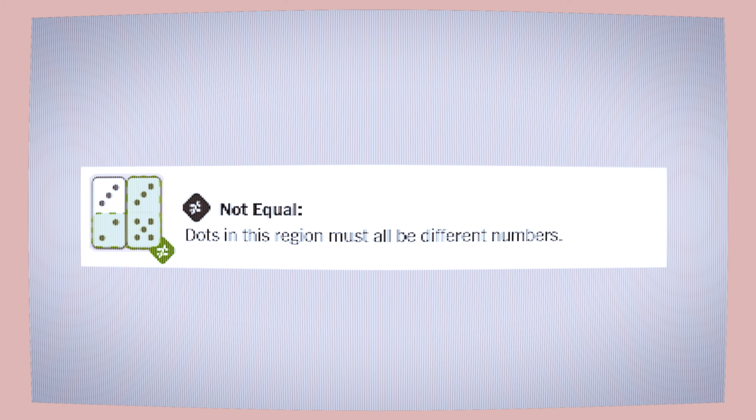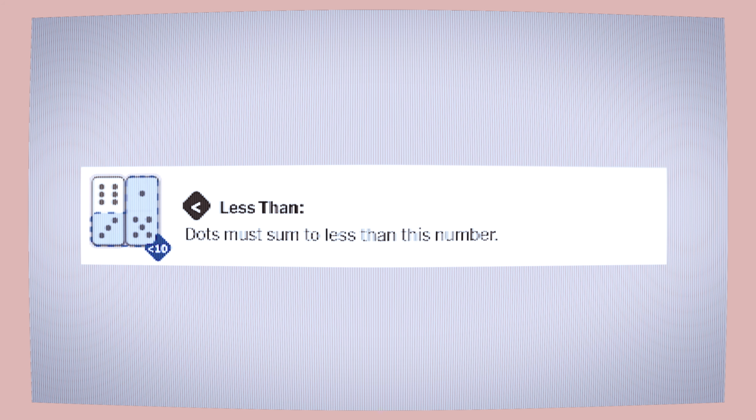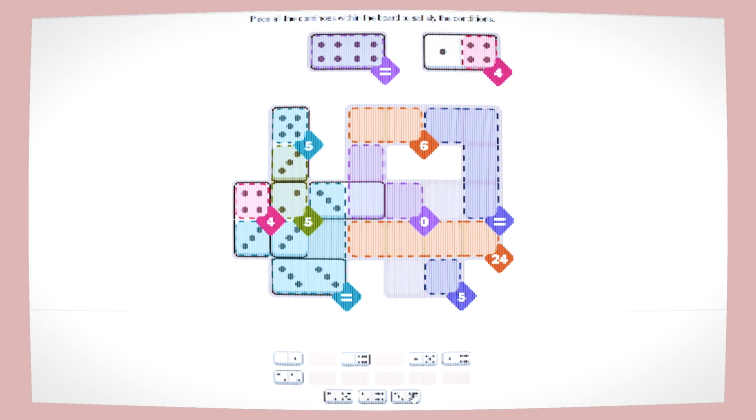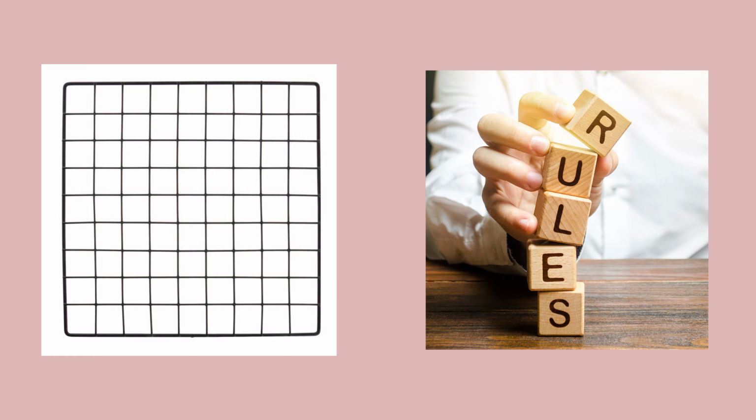Not equal: dots in this region must all be different numbers. Greater than: dots must sum to more than this number. Less than: dots must sum to less than this number. If you can fill up the grid with all of your dominoes while following all of these conditions across the grid, you win.